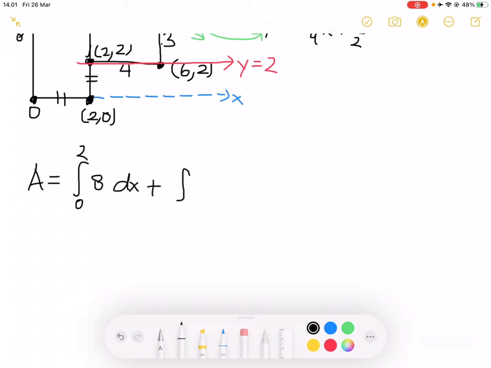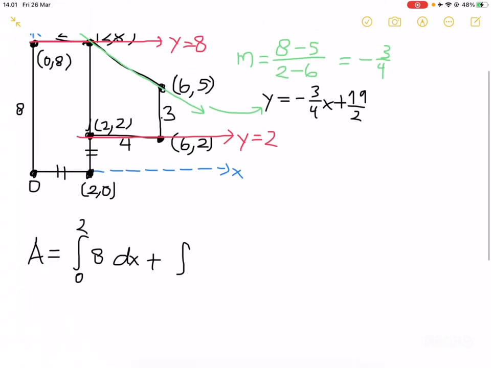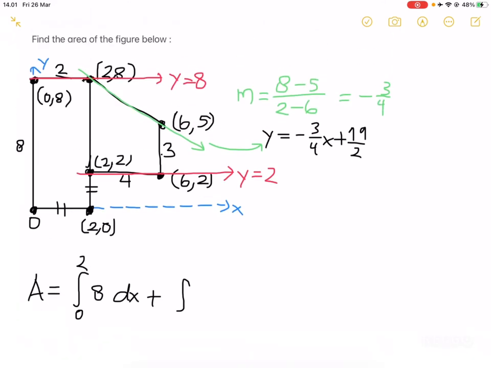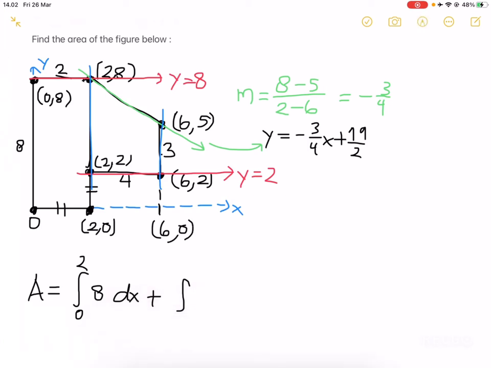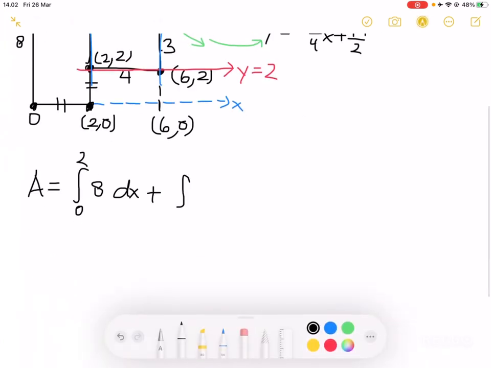Plus the second part, which will be the area bounded between two lines right here from 2 to 6. And I should have marked this coordinate right here as 6, 0. So we're evaluating this from 2 to 6.